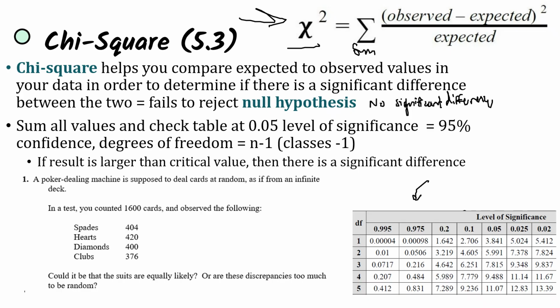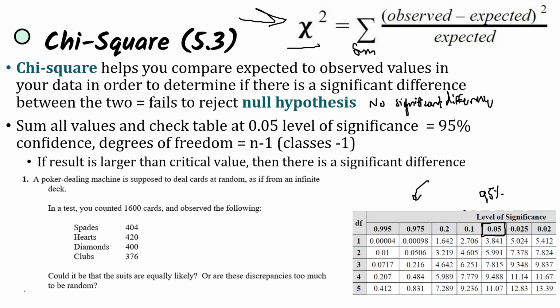The level of significance that we'll be using for this course is 0.05, and that means there's 95% surety of whatever you are calculating. There's 5% potential room for error.